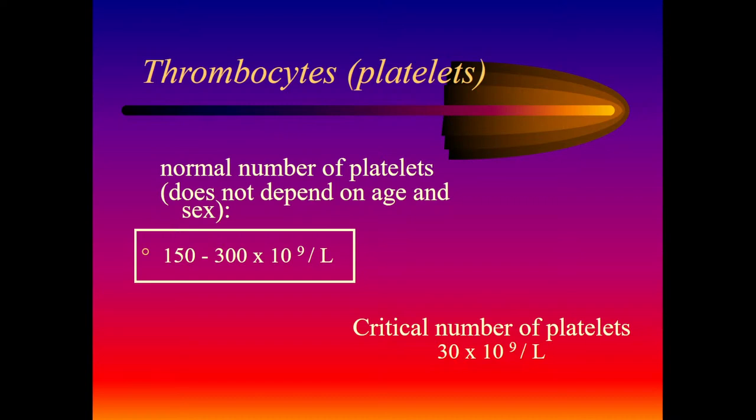The average is between 150 to 300 times 10 to the 9th per liter. The critical low level of platelets is nearly 30 times 10 to the 9th per liter.